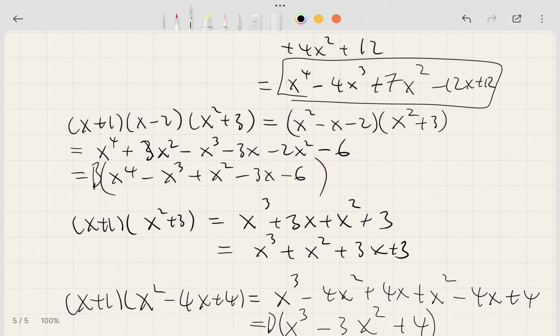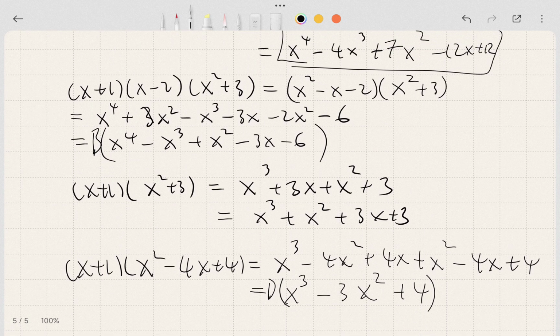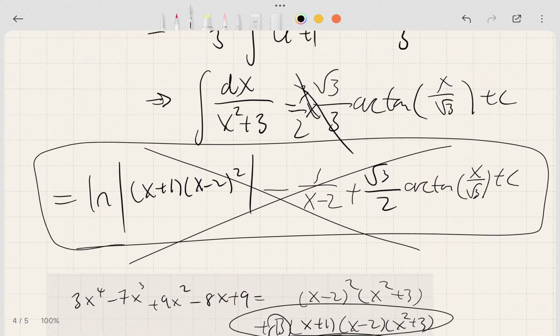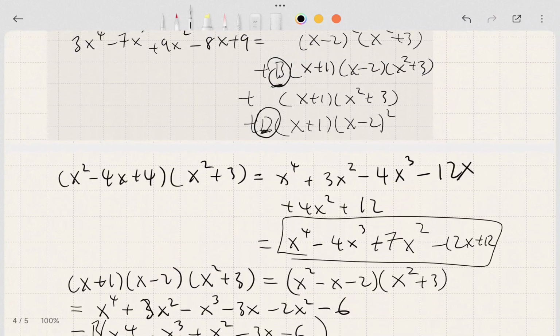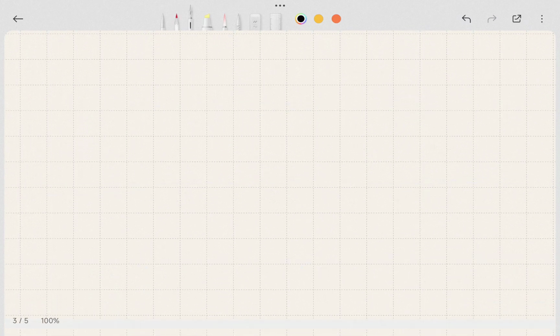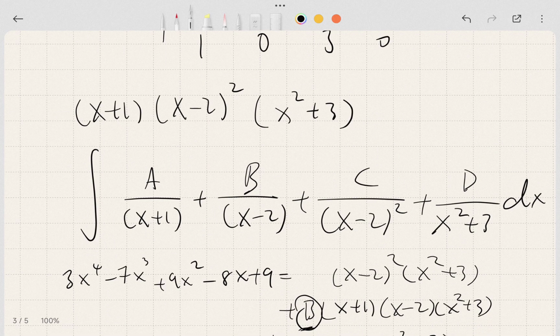So now what we are going to say here is, in this case, we know something, right? In this case, for D, because x squared plus 3 cannot be factorized by any means, this should be Dx.